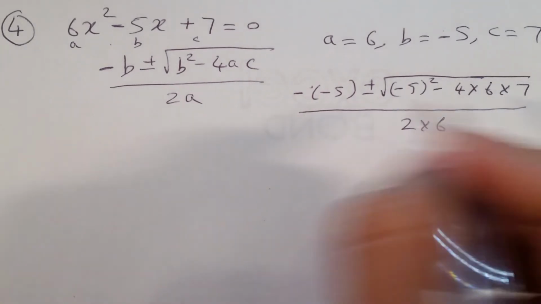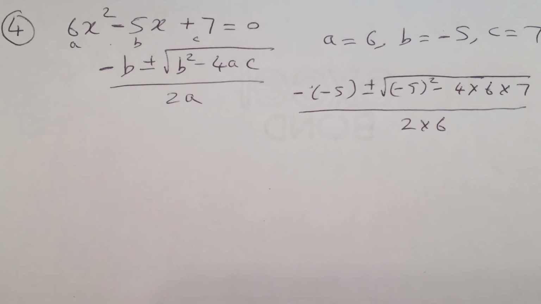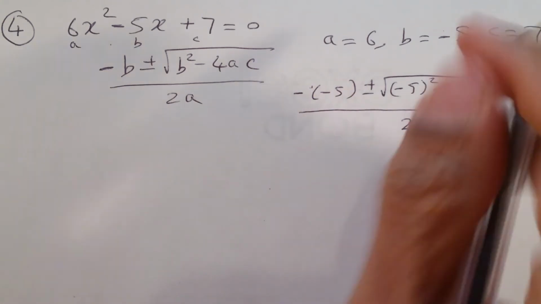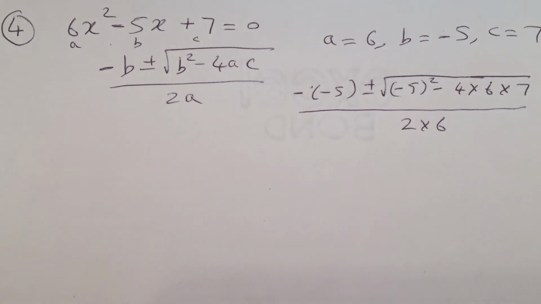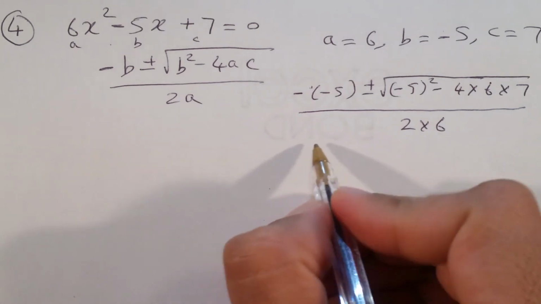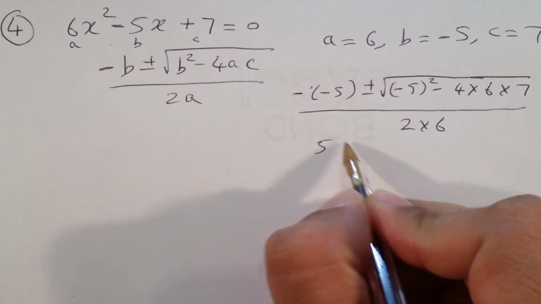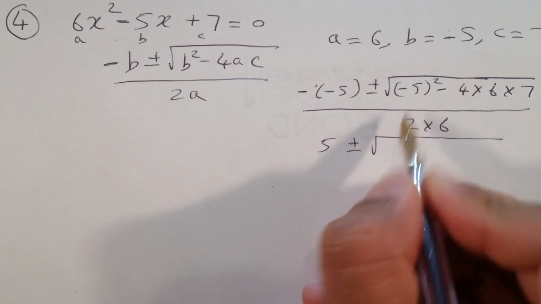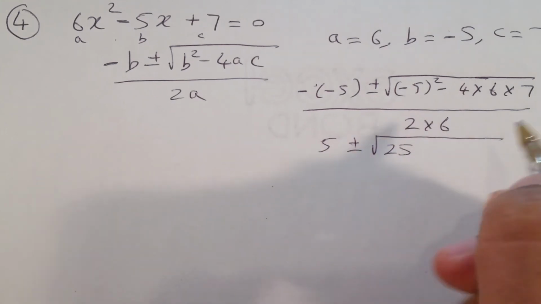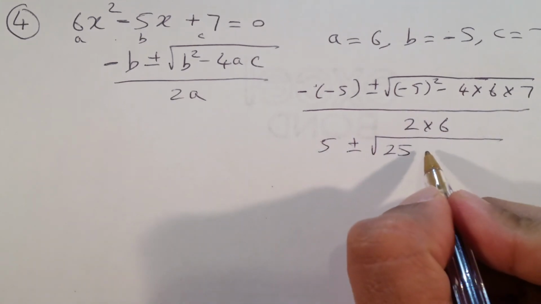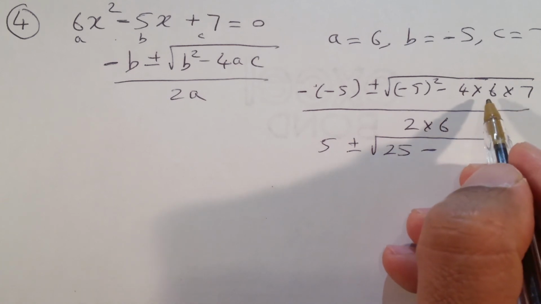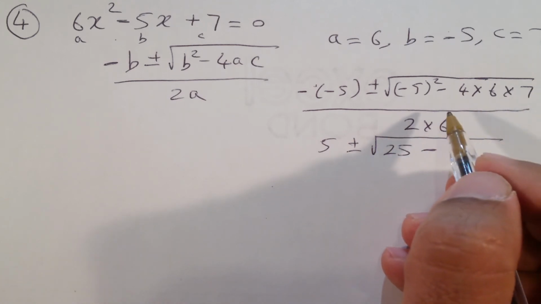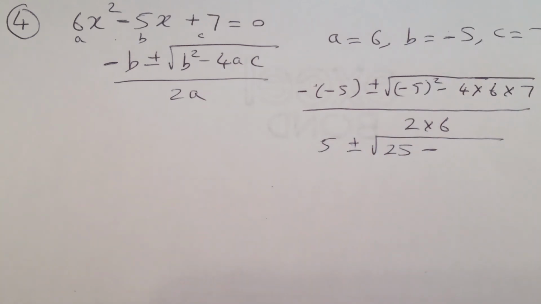If you put this on the calculator, you'll get an error. You won't get the answer. There are no roots for that, which we will work out in this non-calculator section to prove that there is no solution. So minus plus minus root 5 squared is 25, only one minus, so 6 times 4 times 7.